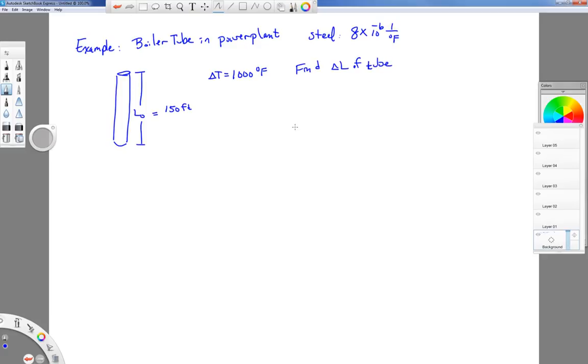So we're going to use our idea of thermal strain. The thermal strain is the coefficient of thermal expansion times the change in temperature. And we also know that that's going to be equal to the change in length divided by the initial length of this bar. We're neglecting any other sources of load on this structure right now. So solving for the change in length, it is equal to the coefficient of thermal expansion times the temperature change times the original length.